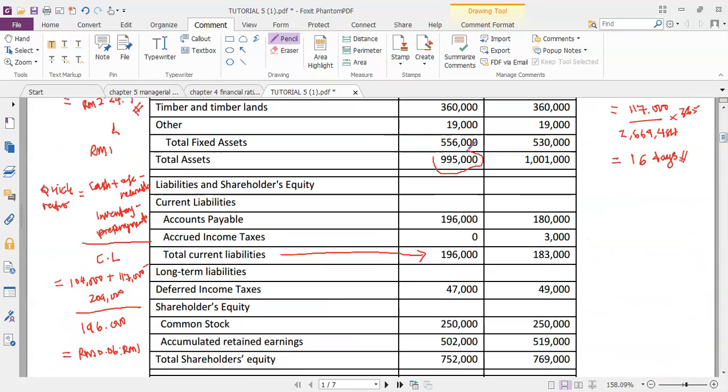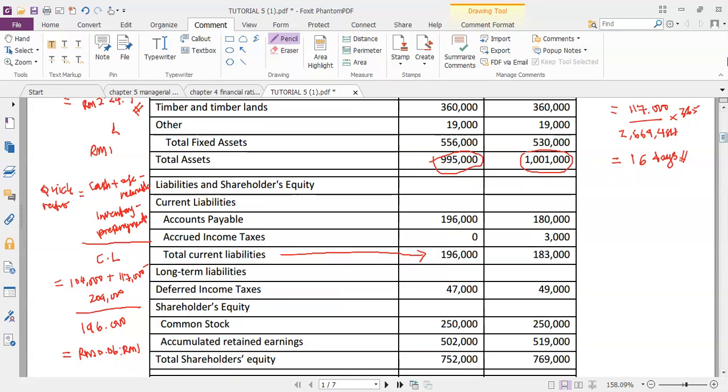Okay, you add both these total assets. Okay, 995,000 add on with 1,001,000. Tambahkan and then divided with 2. So that kita akan dapat average total asset. Okay, cuba cari 995,000 add on with 1,001,000 and then divided by 2.